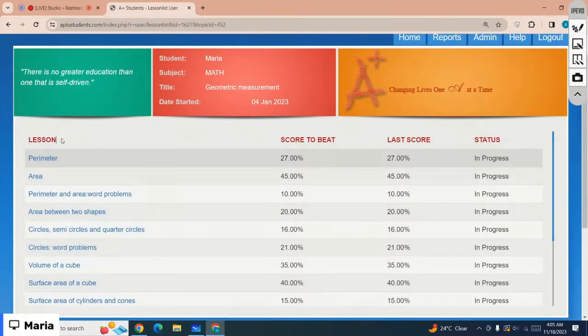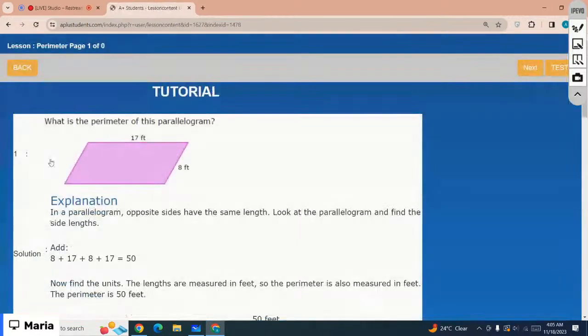Let's just start with the lesson perimeter. So the first example is: what is the perimeter of the parallelogram? You're given a parallelogram, and you need to calculate its perimeter.